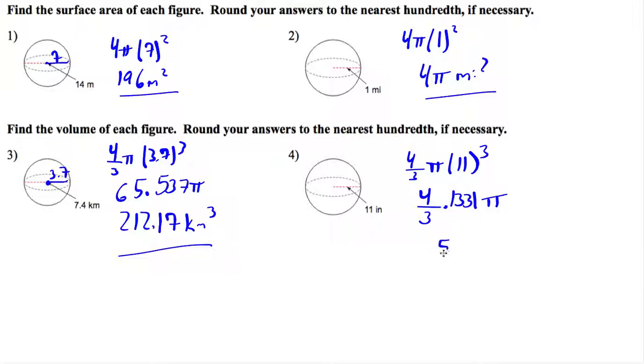So we're going to have 5,324 pi divided by 3, which, if we just want to make this a decimal just like we did before, this is about equal to 5575.28, whoops, not pi, I'm just multiplying by pi, inches cubed, and that's it.